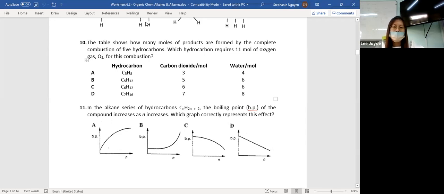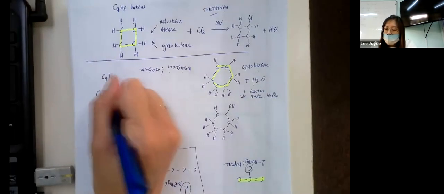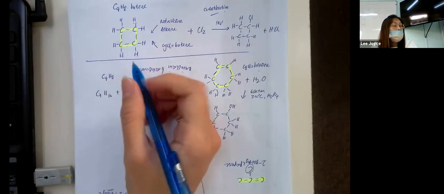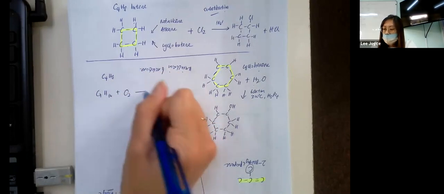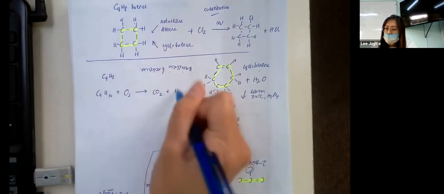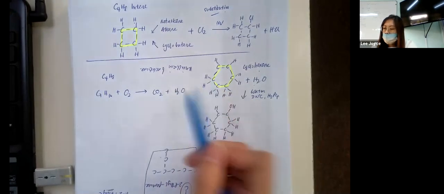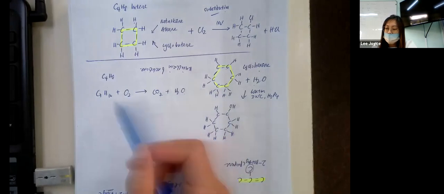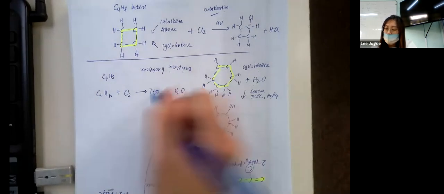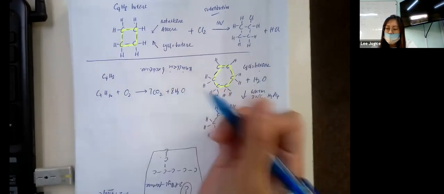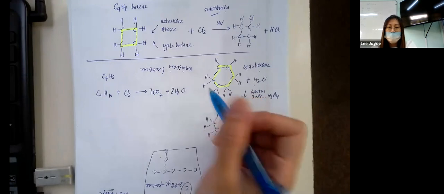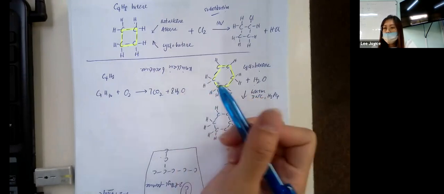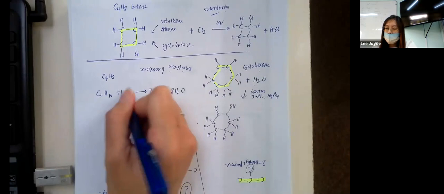Let's write out this equation first. C7H16. So during a combustion reaction, it will produce carbon dioxide and water. So then we balance the equation, 7 here, and then this is 8. So how many oxygen atoms are there altogether? 14 plus 8 is 22. So we'll put 11 on the oxygen.